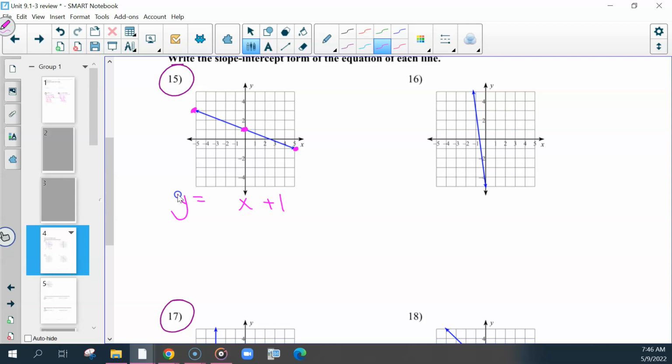Up or down first, then left or right. What is our slope for this? 2/5, but it's negative 2/5 because we're going down and to the right. So our equation would be y equals negative 2/5x plus 1. Questions on that one?